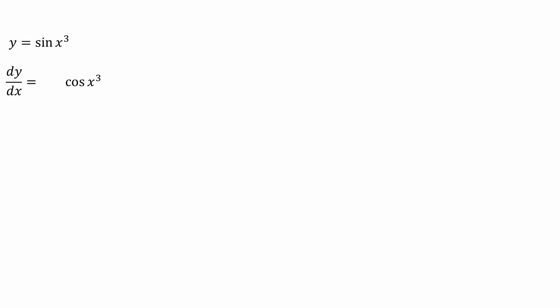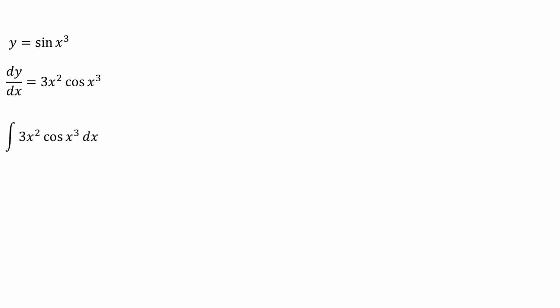And so the chain rule says we then have to take the derivative of the function that's contained inside there. So the global function would be sine, and then inside of sine is the function x to the third power. So we take the derivative of x to the third power, and we end up with 3x squared times the cosine of x cubed.